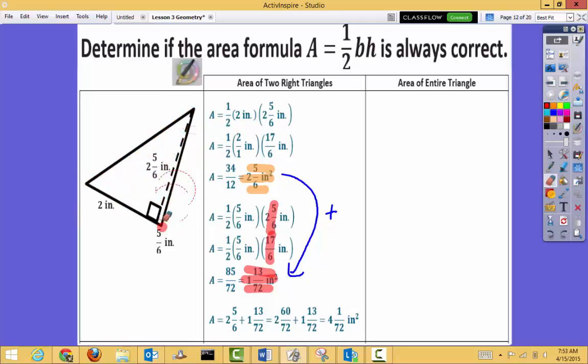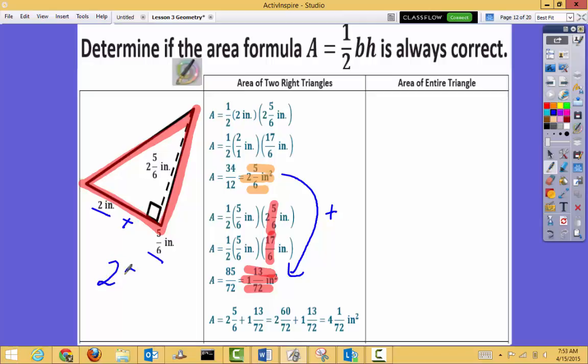So let's see if I can find the area of just the whole entire triangle the first time through. Well, the area of the whole triangle is what? Well, I need to find my base, so I'm adding these 2 together.